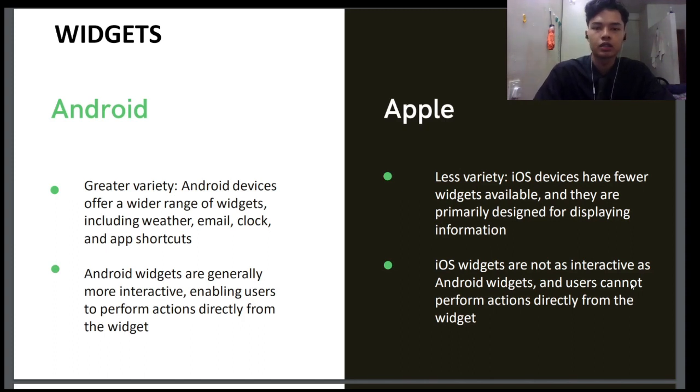Whereas for Apple, it has less variety. iOS devices have fewer widgets available and they are primarily designed for displaying information. iOS provides its own widgets, as users cannot really download third-party widgets from the Apple Store. So iOS widgets are not as interactive as Android widgets, and users cannot perform actions directly from the widget.